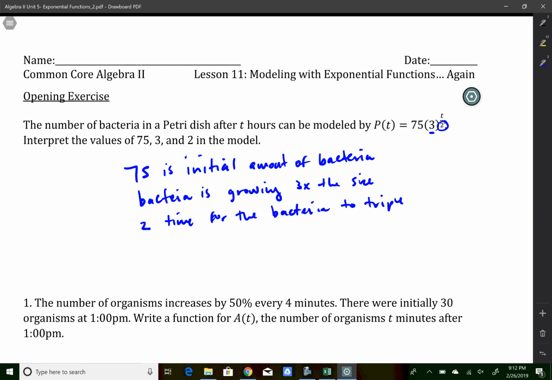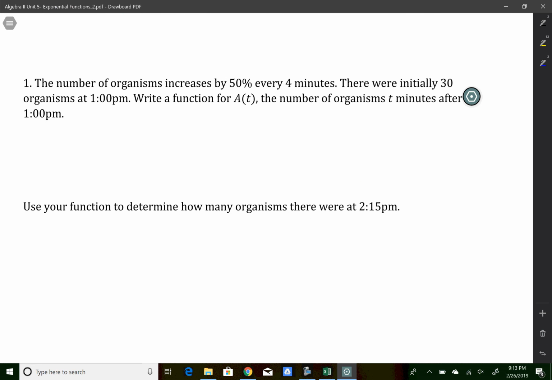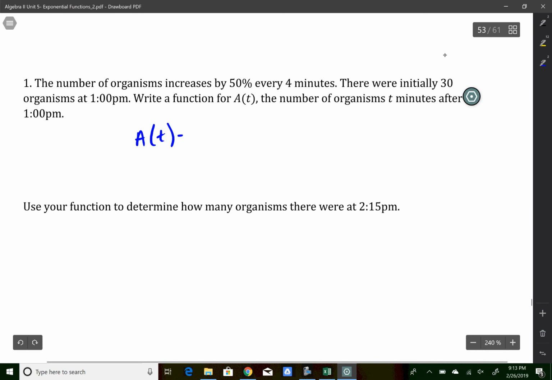All right, so let's look at number 1. It says the number of organisms increased 50% every 4 minutes. There were initially 30 organisms at 1 p.m. Write a function for the amount of organisms after t minutes after 1 p.m. So a of t, we have our initial amount of 30, and the exponent is going to be t over 4.